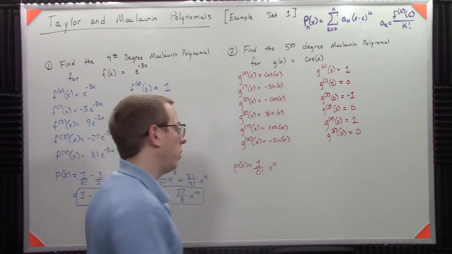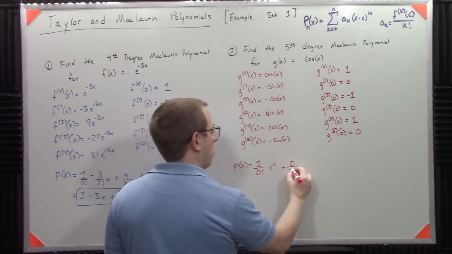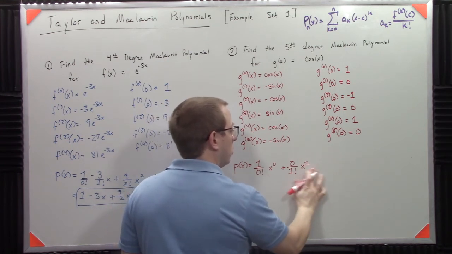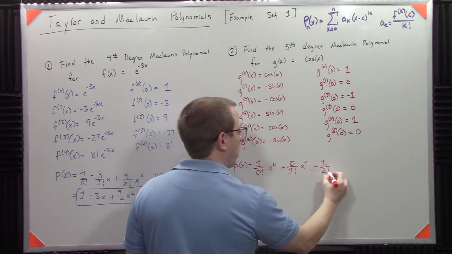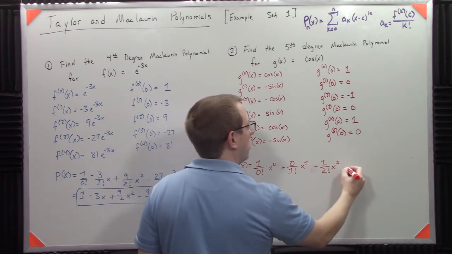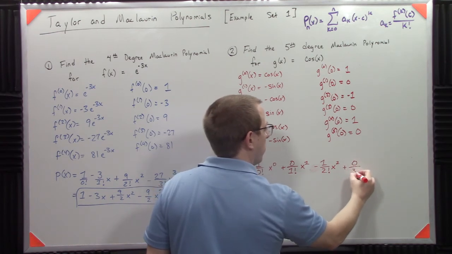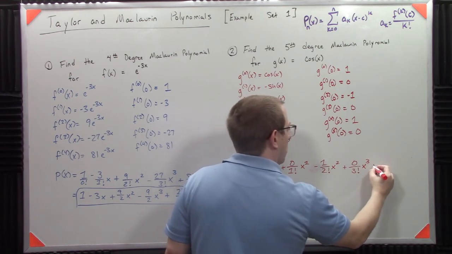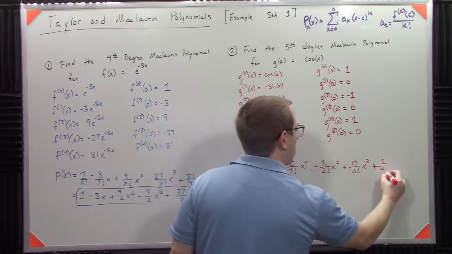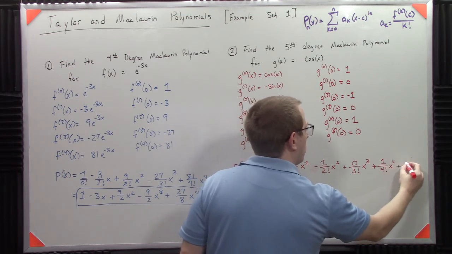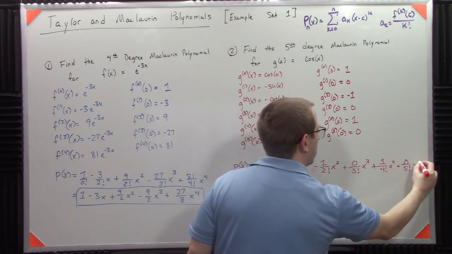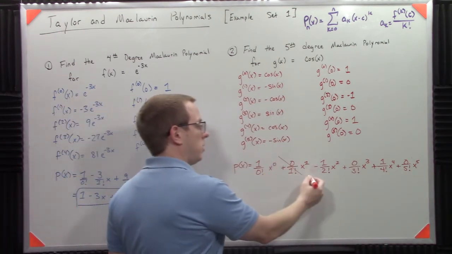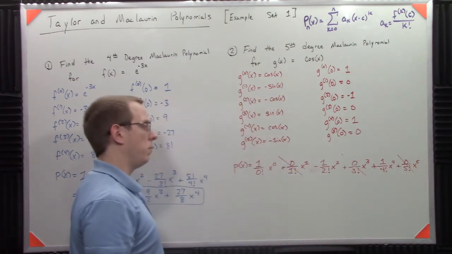We didn't do that before, but plus 0 over 1 factorial, x to the 1, minus 1 over 2 factorial, x squared, plus 0 over 3 factorial, x cubed, plus 1 over 4 factorial, x to the 4th, plus 0 over 5 factorial, x to the 5th. So what you see is we're losing all of the odd terms, right? These all disappear.